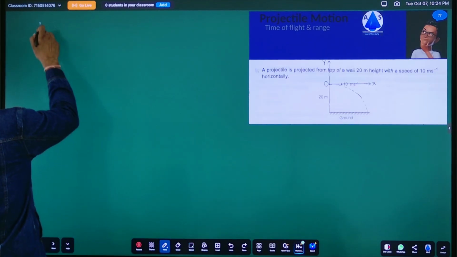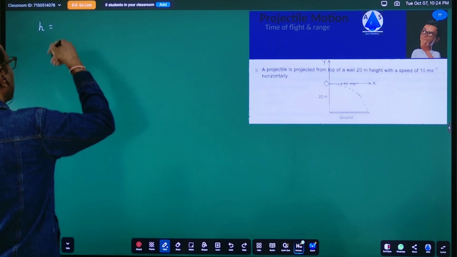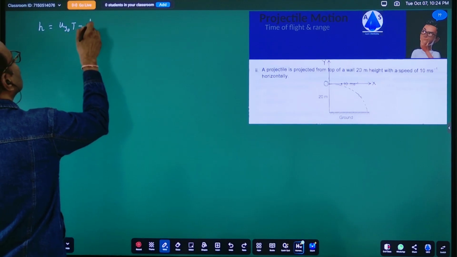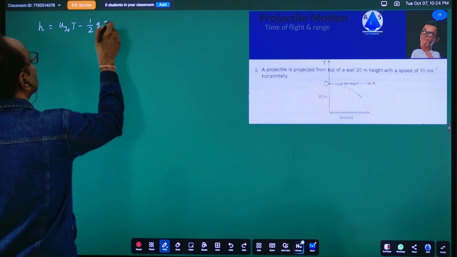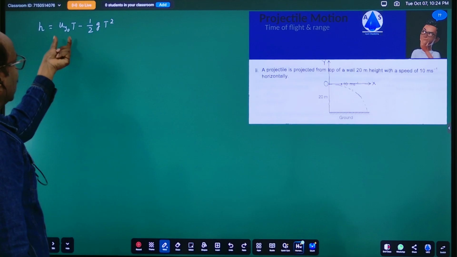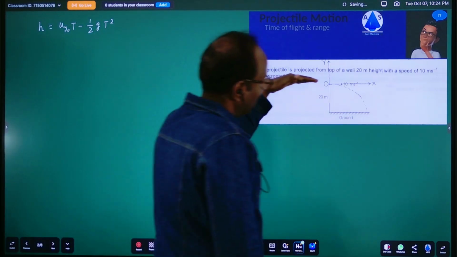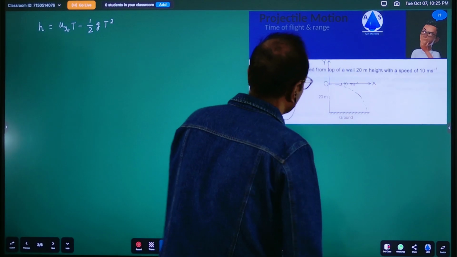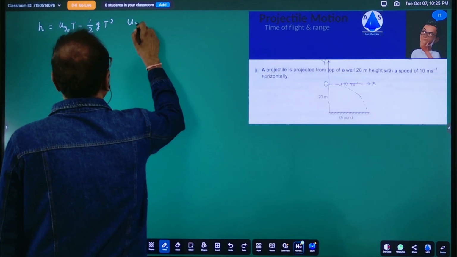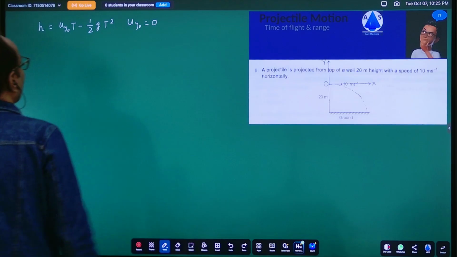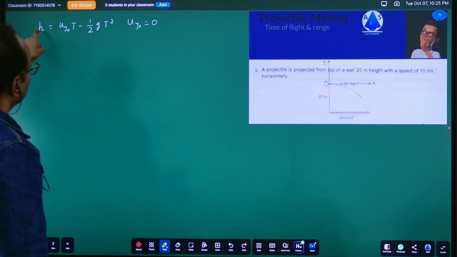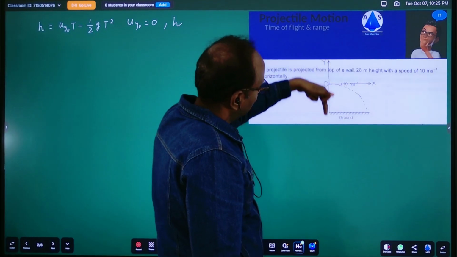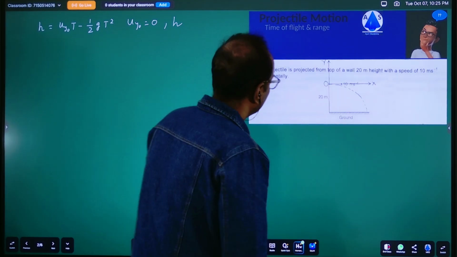So you know the formula, in the vertical direction, h is equal to uy naught into t minus half g t square. What is your uy naught? The particle's initial velocity is only in the direction of x, so it does not have any component in y. So uy naught is 0. And what is h? h is in the negative direction of y, so it should be minus 20.